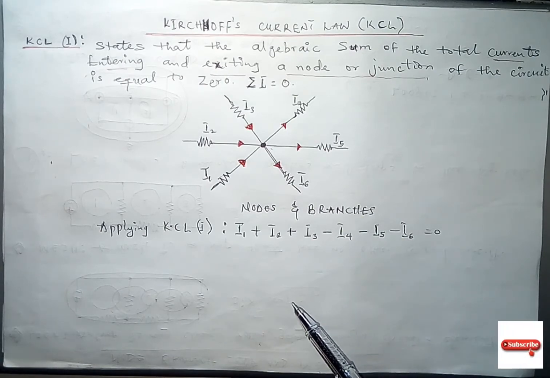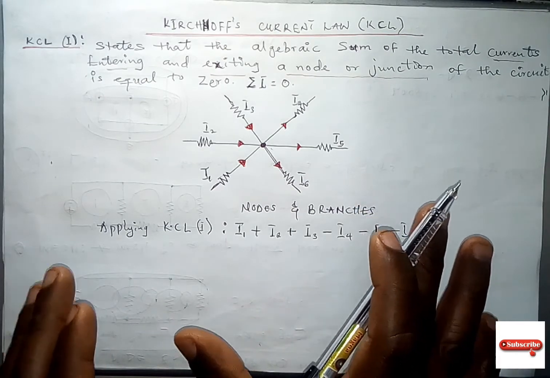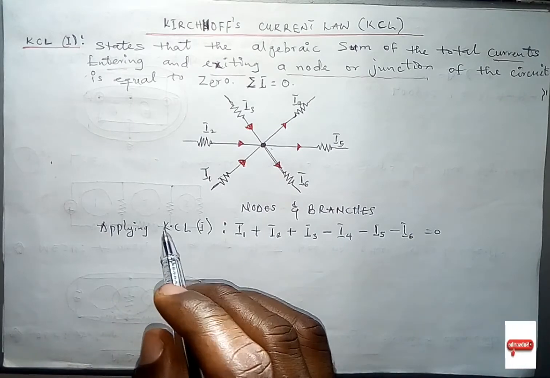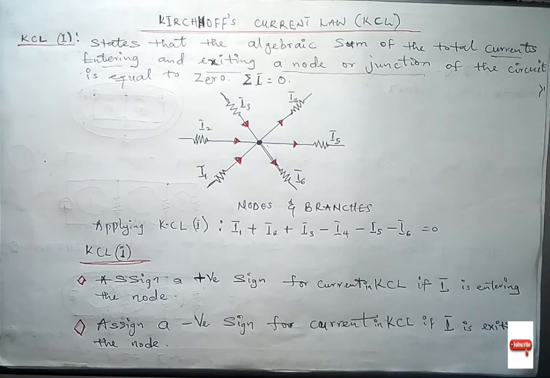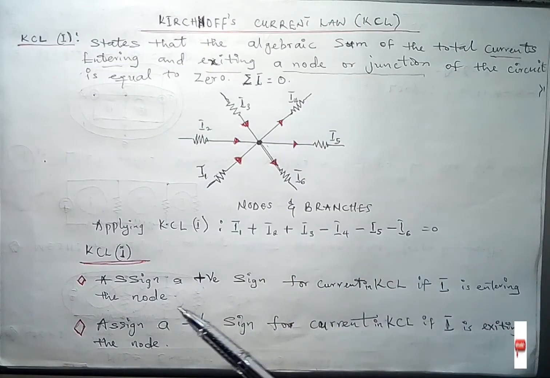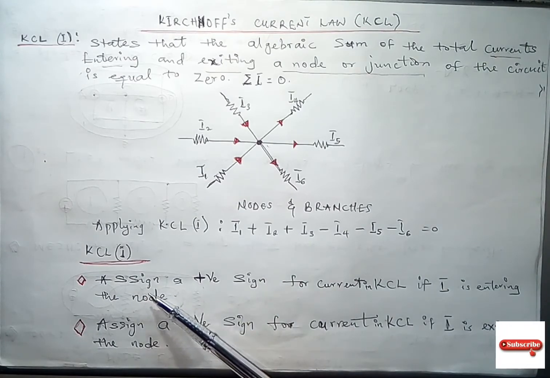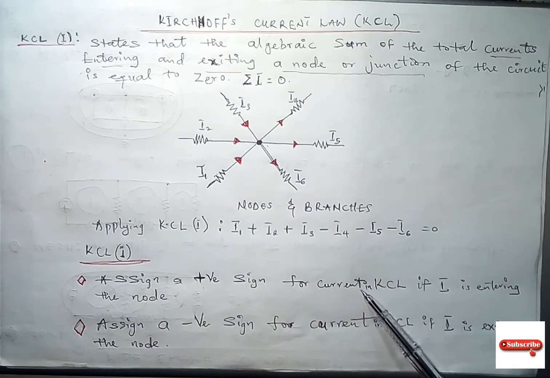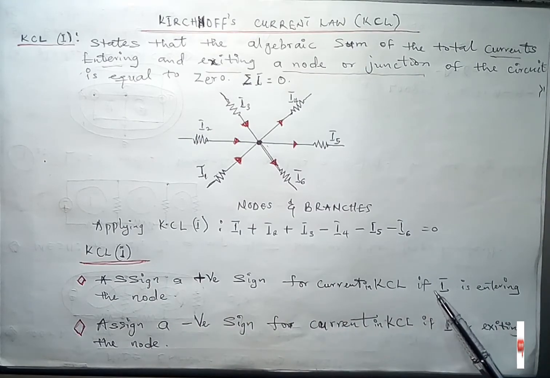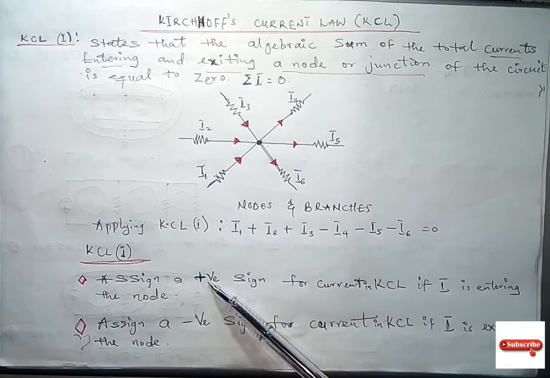Under this, we are going to write some properties that we need to take note of under this first method. So let me put it down here. From what we analyzed here, this is the secret behind it. Whenever you have a current in KCL that is entering the node, you should assign a positive sign.